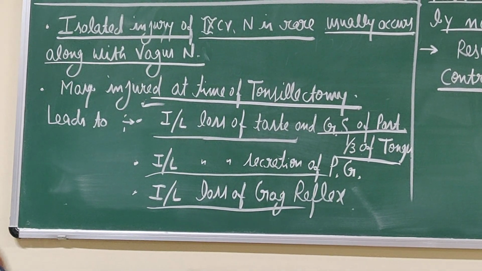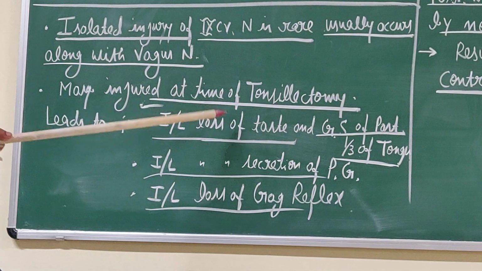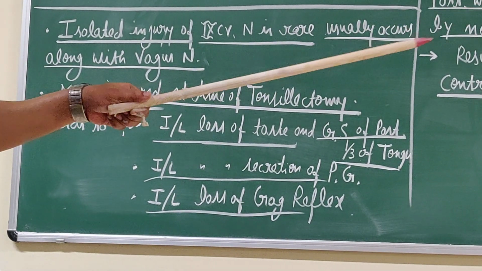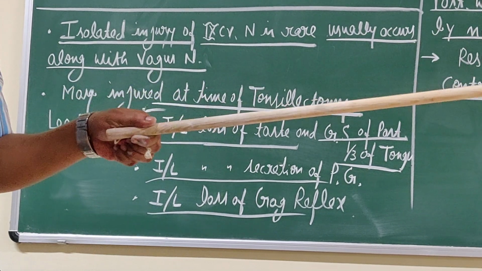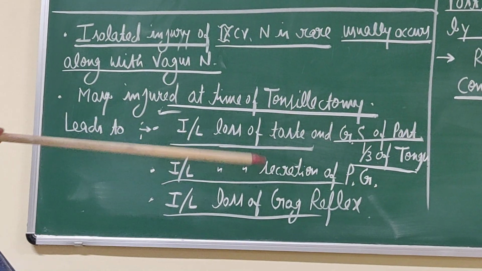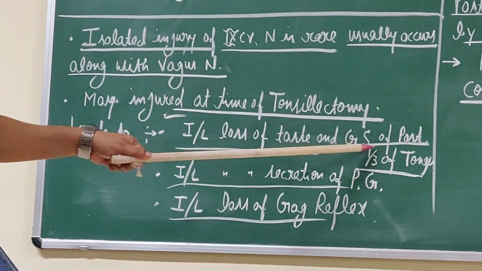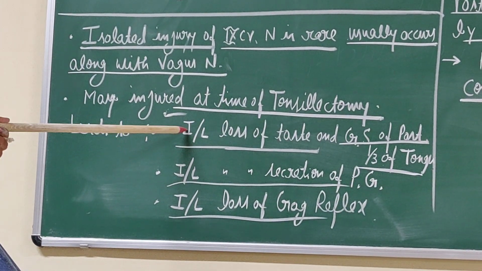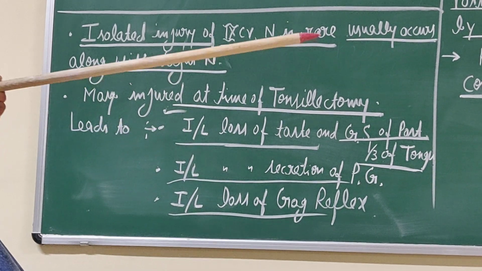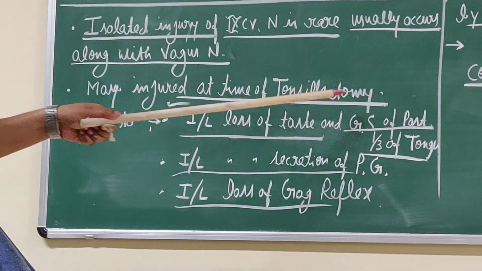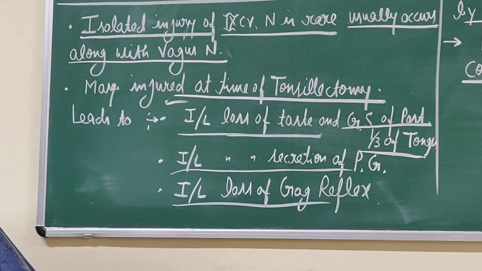In the case of the anterior 2/3 of the tongue, it is separate: general sensation by a separate nerve, while taste sensation by another separate nerve. But in the case of the posterior 1/3, both sensations are carried by this nerve. So if the nerve is injured on that side, there is loss of taste sensation and general sensation on that side.